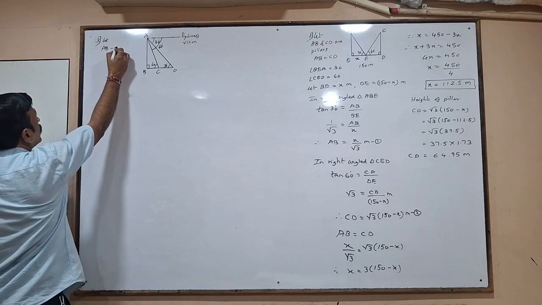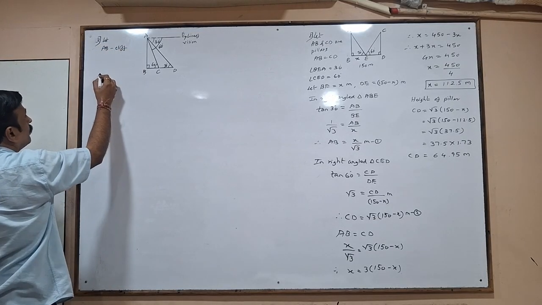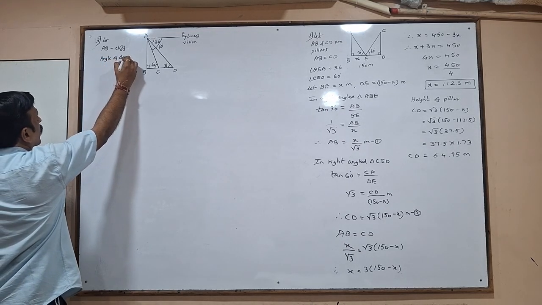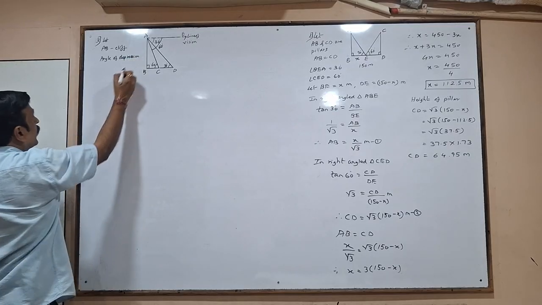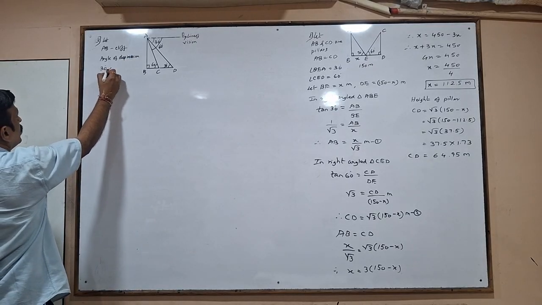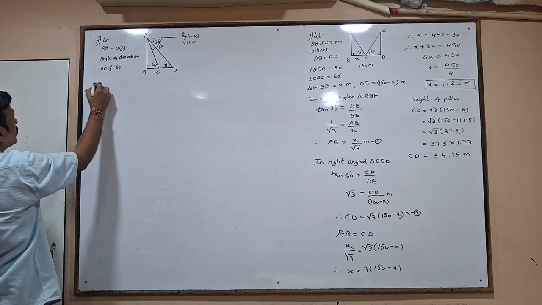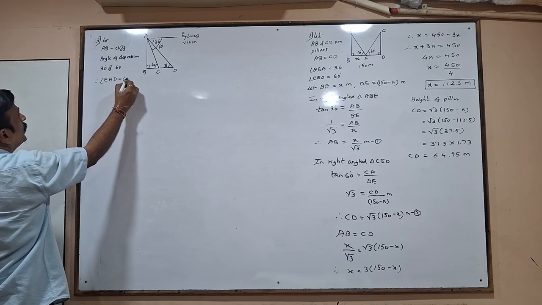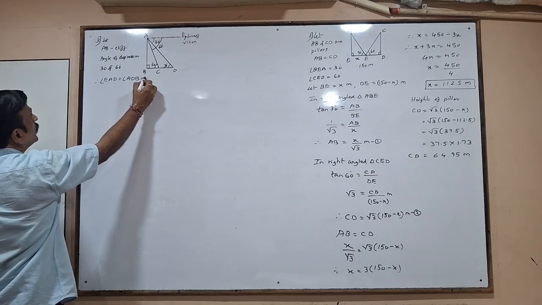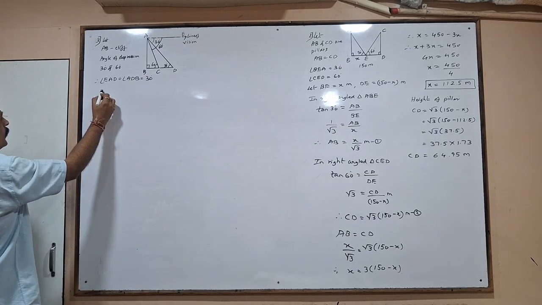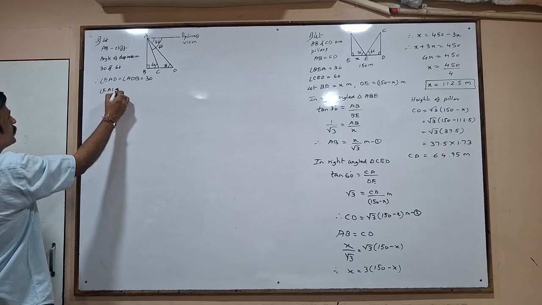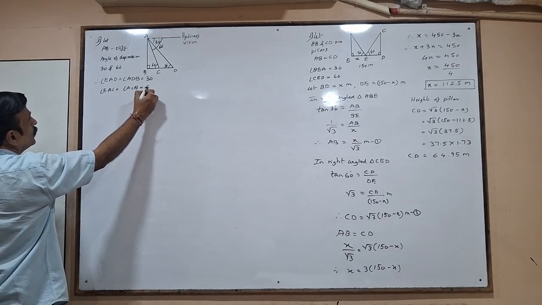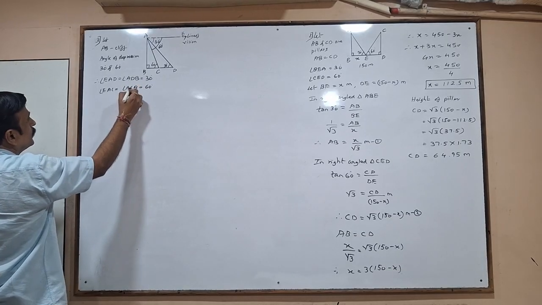So AB, cliff, angle of depression 30 degree and 60 degree. So angle EAD equal to ADB is equal to 30. Angle EAC equal to ACB is equal to 60.